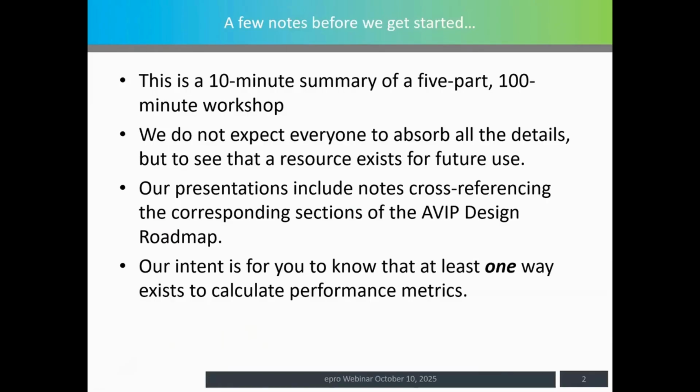All right, so just want to emphasize that this is a super fast, few minutes summary of a multi-part workshop, and we don't expect everyone to absorb all the details. We just want to give you a quick overview and, most importantly, introduce you to one of a series of documents published by the Association of Vapor Intrusion Professionals, specifically the design roadmap, and then mention a couple of the other ones.